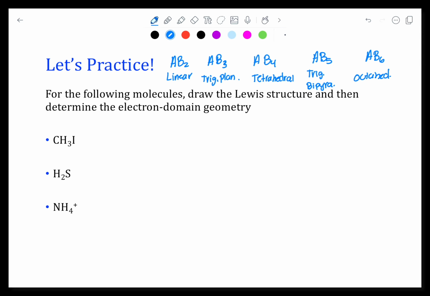So to practice this, let's draw our Lewis structures for each of the structures below, and then use that structure to determine the electron domain geometry.